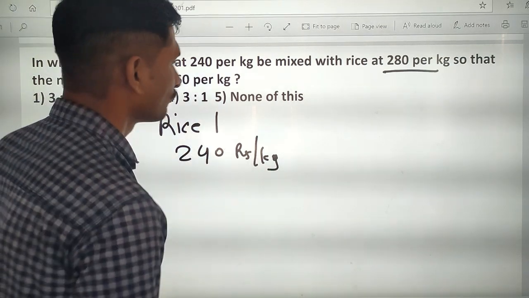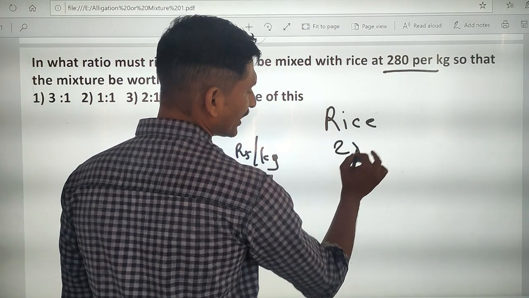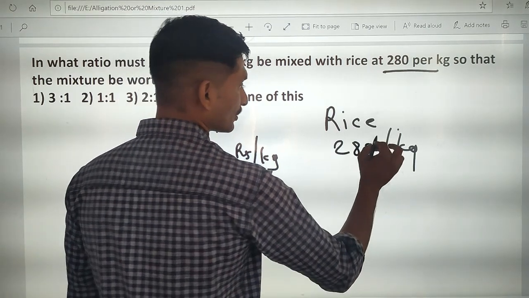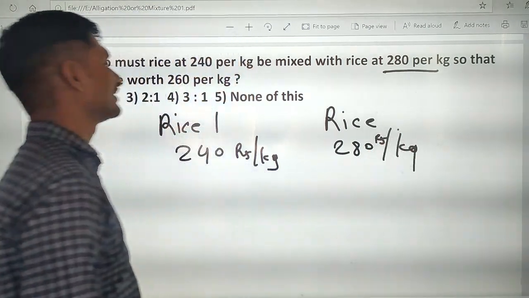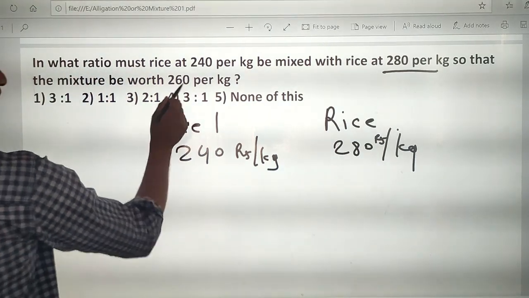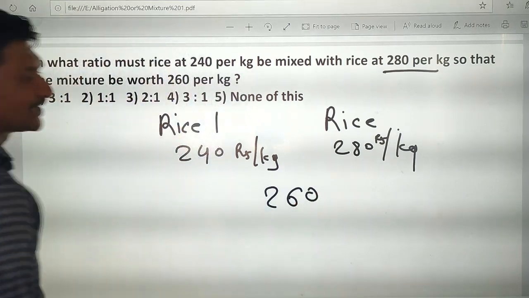And rice 2 price is 280 rupees per kg. Now mix this rice and this mixture is sold at 260 rupees per kg.